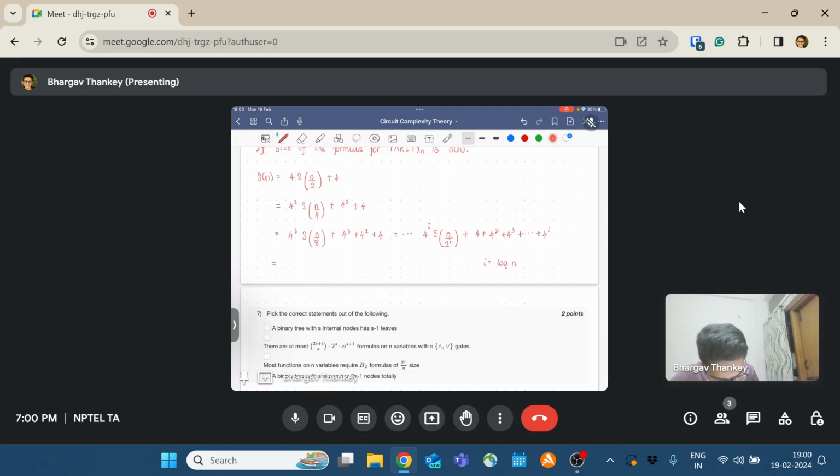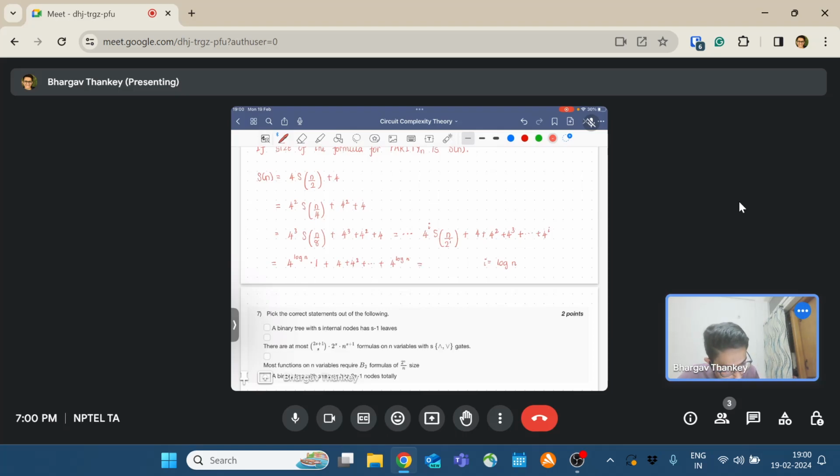So this is 4 to the log n times some constant. In fact, the constant is just 1. The parity of 1 is just 1, you just output the variable itself. Plus 4 plus 4 squared plus 4 to the log n, right?